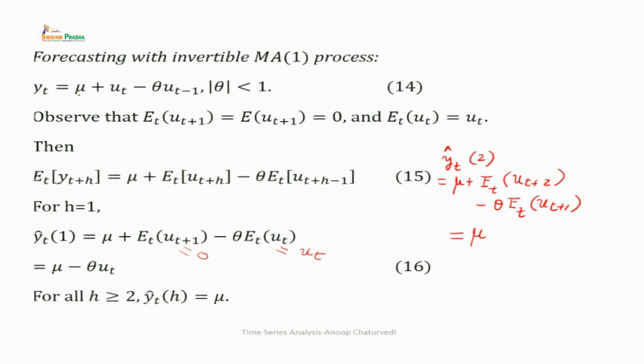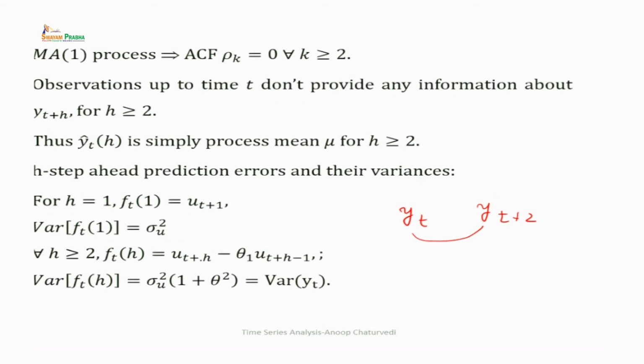So, y t plus 1 is equal to mu plus u t plus 1 minus theta u t, and y hat t 1 is equal to mu minus theta u t, and then you take the difference between the two. So, you obtain u t plus 1. Variance of f t 1 is equal to sigma square u.